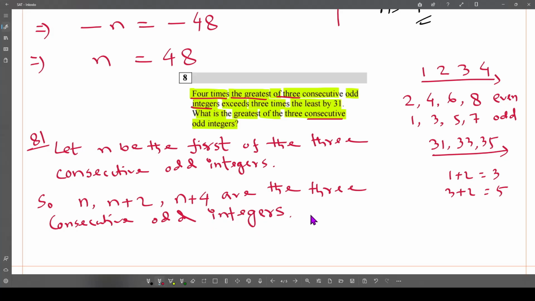Okay, now we will make an equation. The equation is 4 times the greatest of 3 consecutive odd integers. So which one is greatest? n plus 4 is the greatest. And which one is the least? The least is n. So let's make an equation.